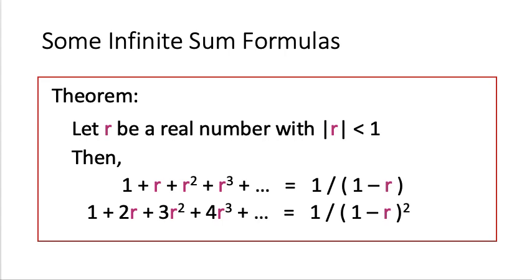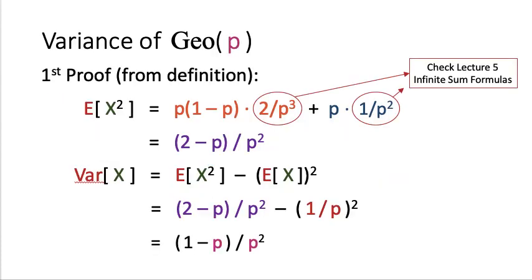But if you look at the next slide, for the orange part, we have taken out p times (1 minus p) outside. For the summation part, we claim that it is equal to 2 divided by p cubed. Similarly, for the blue part, we have already taken away p outside, and the remaining summation evaluates to 1 over p squared.